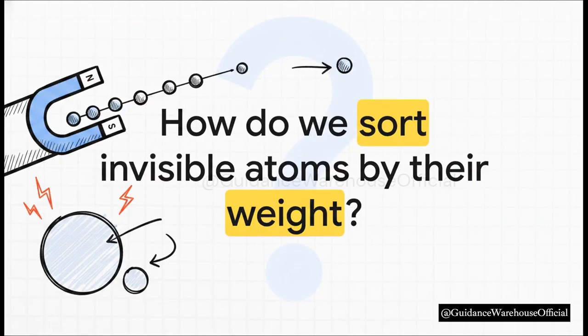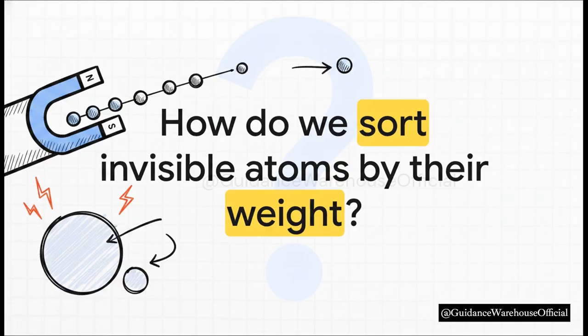But as we wrap up today's explainer, I want to leave you with a bit of a provocative question to chew on. How exactly do scientists sort perfectly invisible atoms by their weight to even find these percentages in the first place? Well, they use this remarkable machine called a mass spectrometer. Think about it kind of like rolling steel ball bearings past a super powerful magnet.